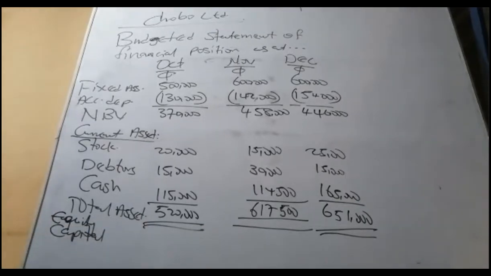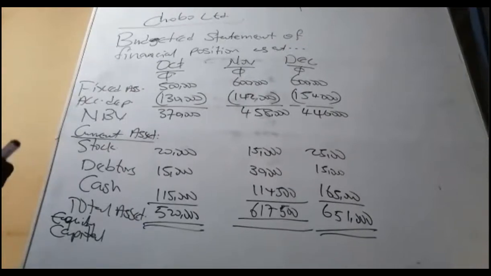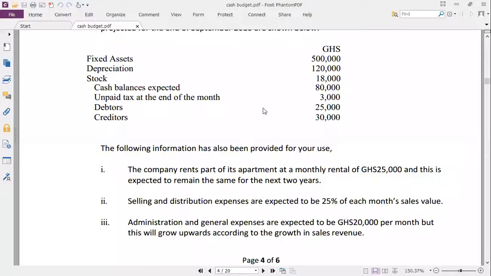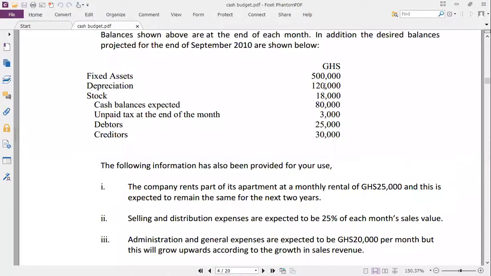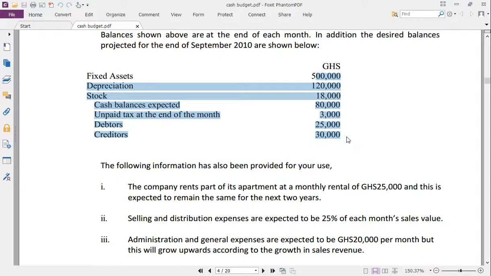So here everything must be the opening balances, which is here. So let's start. All assets, less all liabilities. Let's see the assets. First, 500,000 less the 120,000.